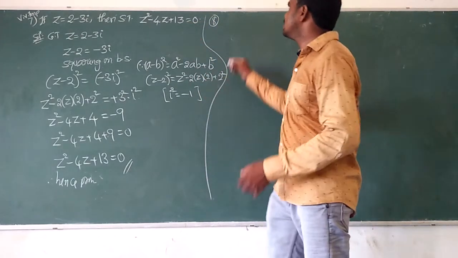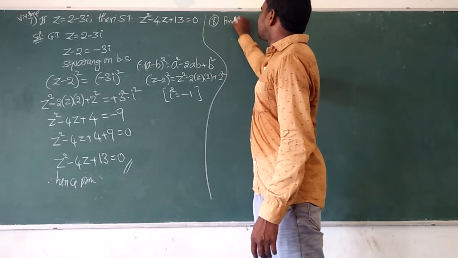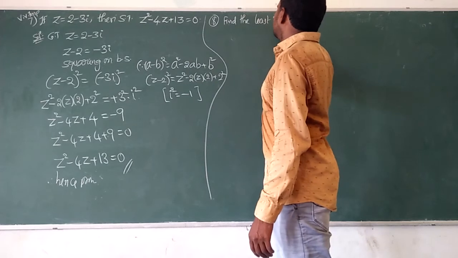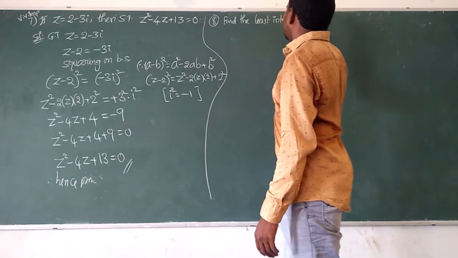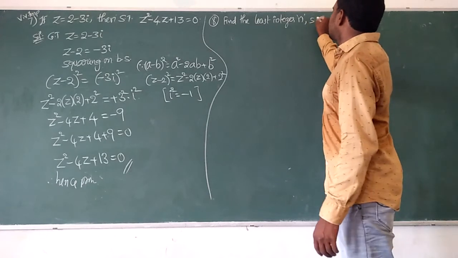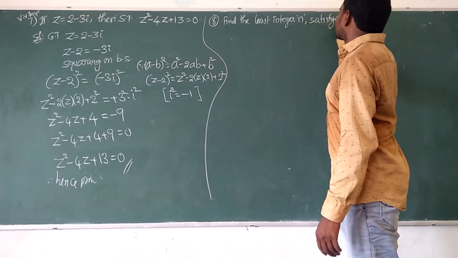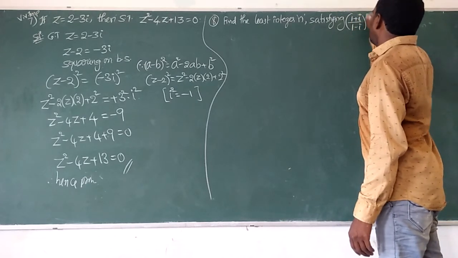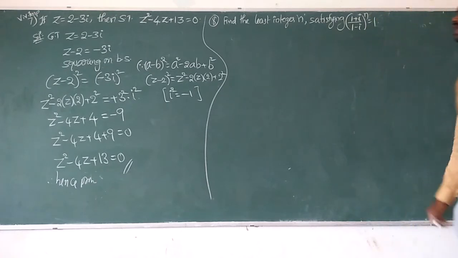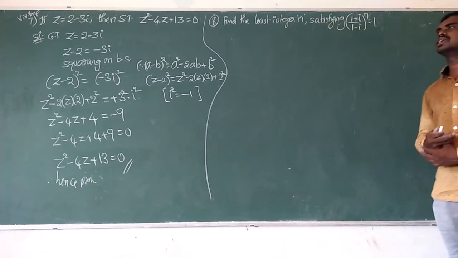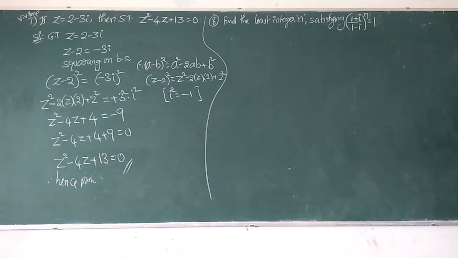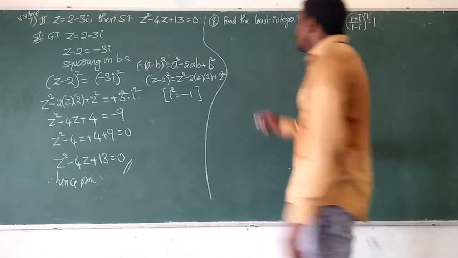The question is: find the least integer n satisfying (1 plus i by 1 minus i) whole power n equals 1.